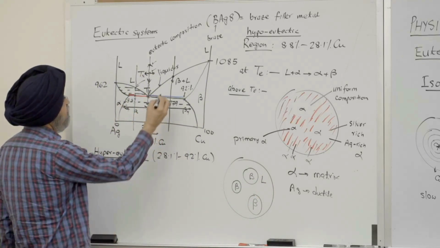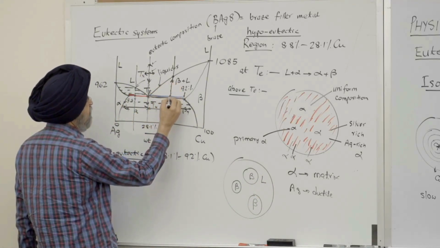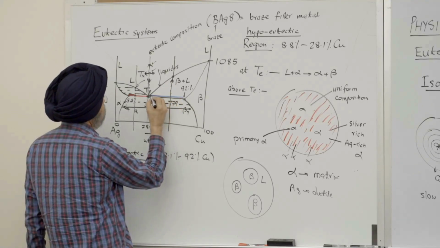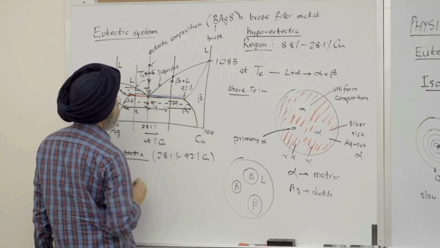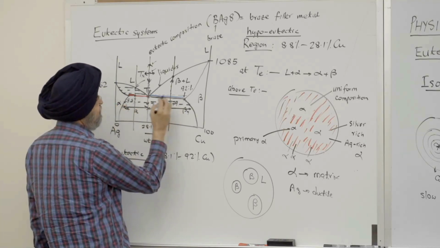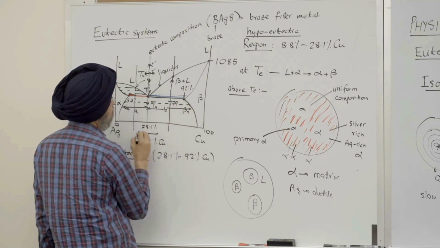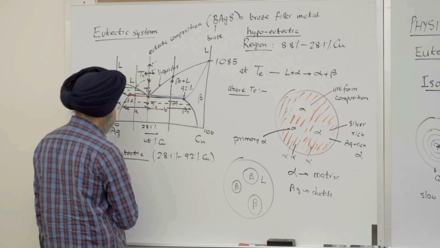So as we come down this path, the amount of beta increases. So let's see what happens at the eutectic temperature. We're interested in how much liquid is left. So at the eutectic, this is the beta composition, this is the liquid composition.